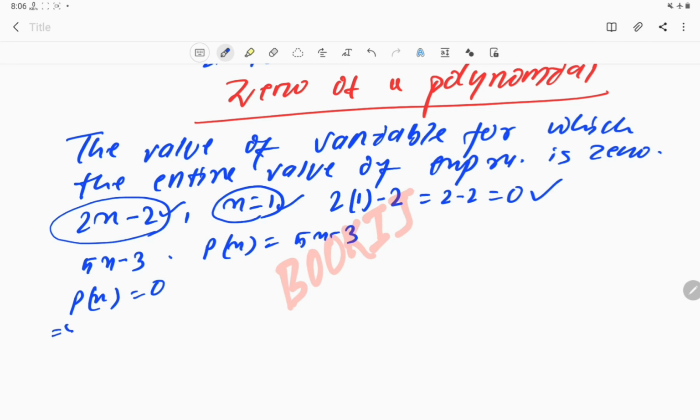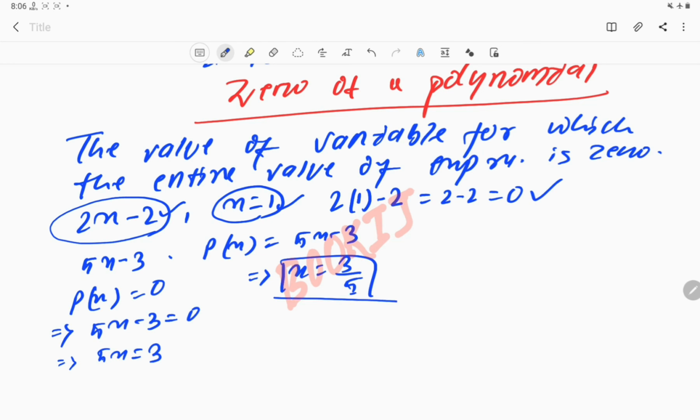So 5x minus 3 is equal to 0, where 5x is equal to plus 3 and x is equal to 3 by 5. That means at x is equal to 3 by 5, the total value of the polynomial 5x minus 3 will be 0. Now let's check whether it is correct or not.